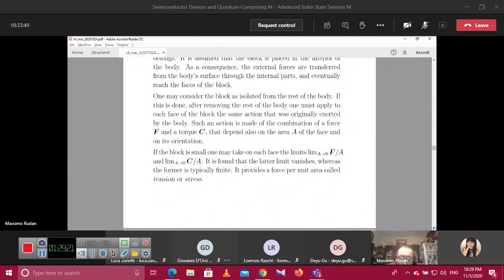So when the lengths go to zero, it also goes to zero. The force is not. So the force over the area stays finite, whereas the torque over the area goes to zero. So thanks to this, we may consider only the force per unit area, that is the tension or stress, and we do not consider the torque anymore.